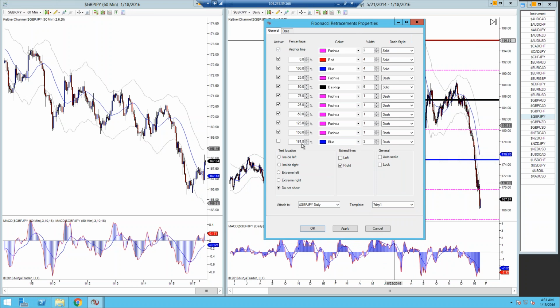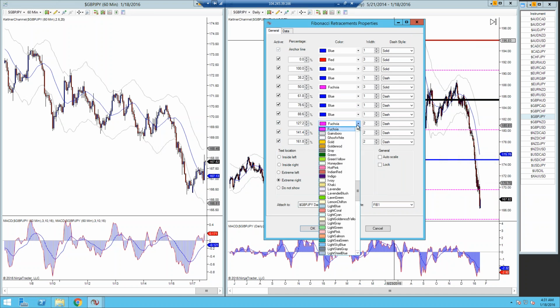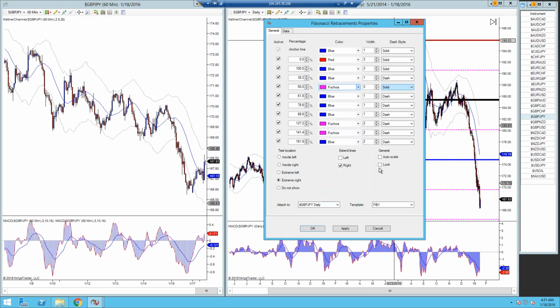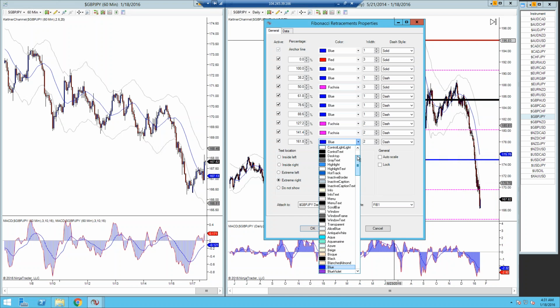It's called the butterfly pattern. 127.2, 141.4, sorry, 1618. All right. Let's just do a fuchsia, or whatever, pink, it doesn't matter.